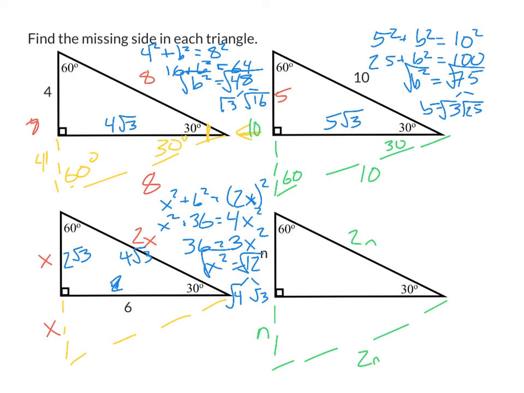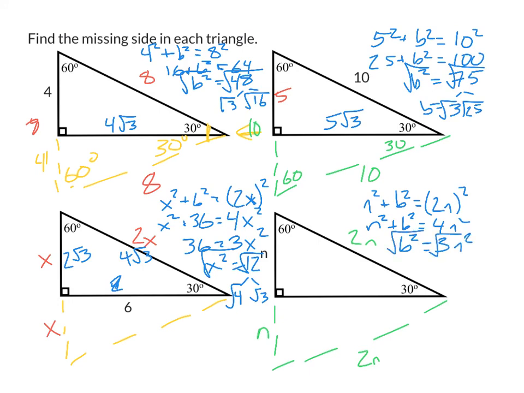So we have n squared plus b squared equals 2n squared. It's our goal to figure out what b is equal to. The 2 squared makes 4. n squared is n squared. Just like before, I'll subtract the n squared over, so now b squared is equal to 3n squared.